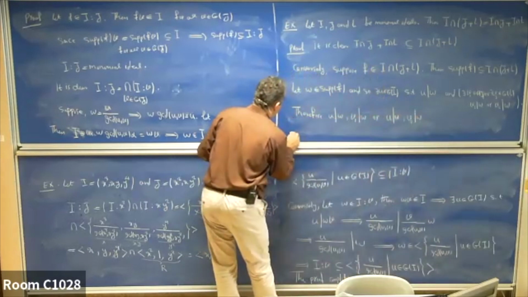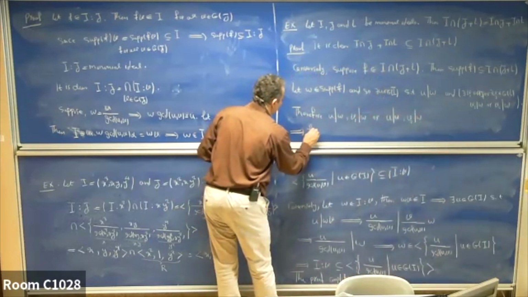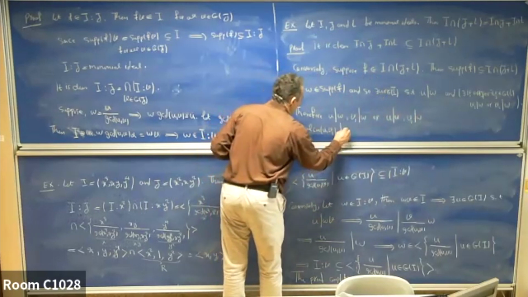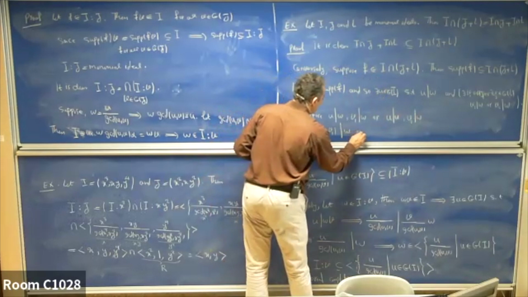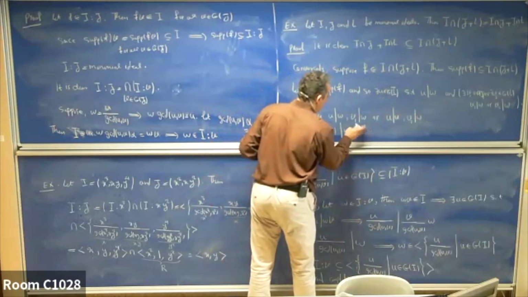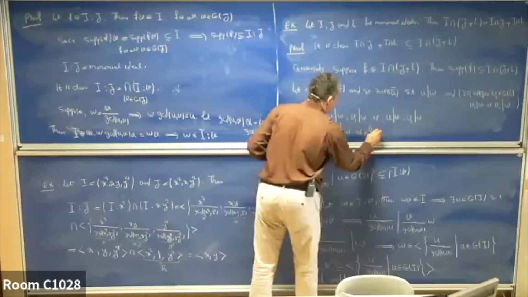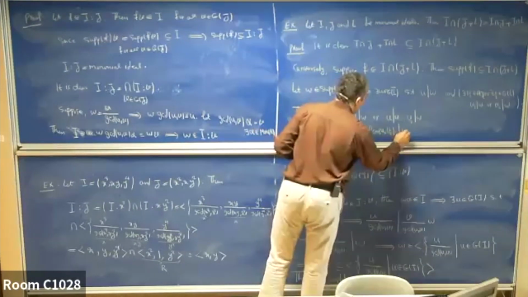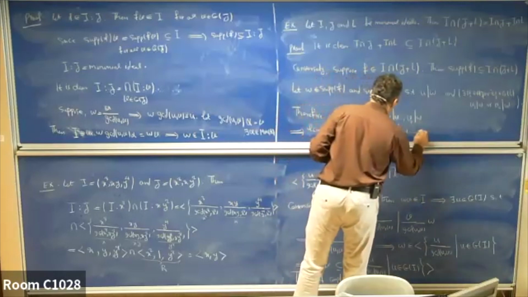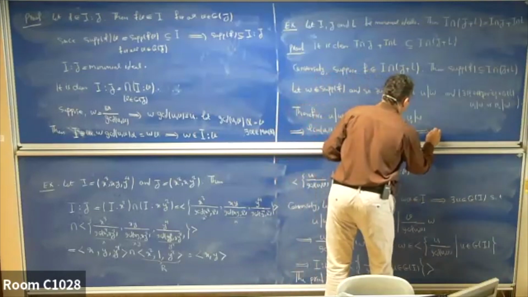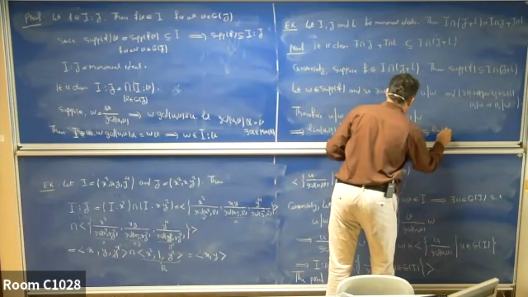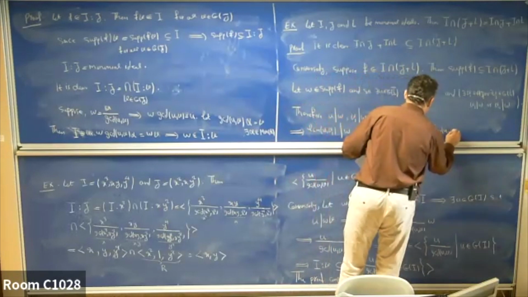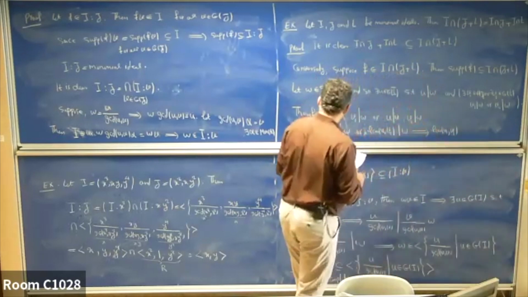This says that LCM(u, v1) divides omega, or LCM(u, v2) divides omega. And so we have the LCM of u and v, which is uv.